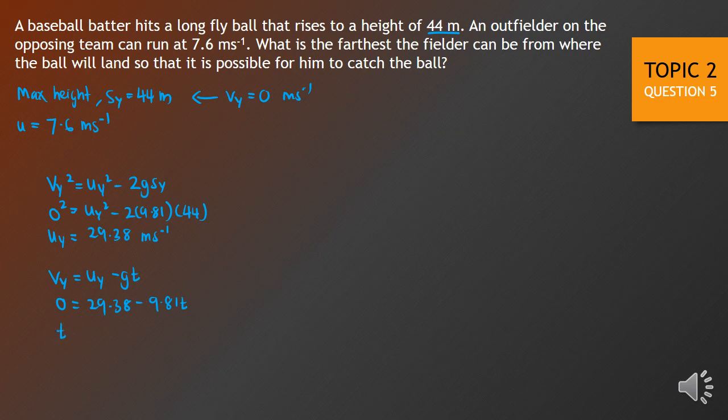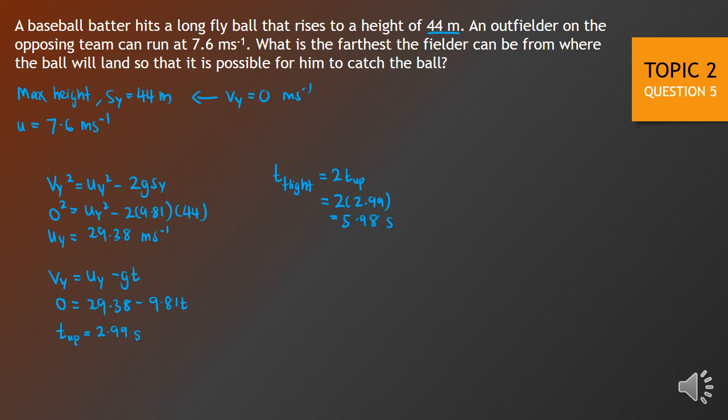So we get the time, we can name it as t up, time to reach the maximum height, to be 2.99 seconds. And we know that the time of flight is equal to 2 times the time to reach the maximum height, and this is 2 times 2.99 seconds. So this is 5.98 seconds.